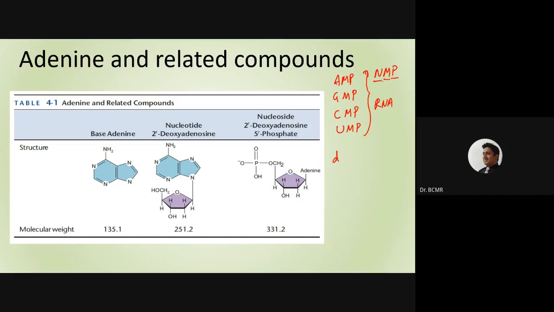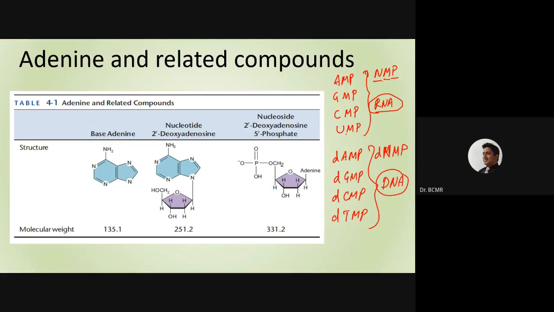Collectively, they can be called that way. dAMP, dGMP, dCMP, and dTMP would be found in DNA. And you can call them dNMPs, deoxynucleoside monophosphates.